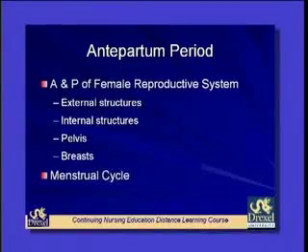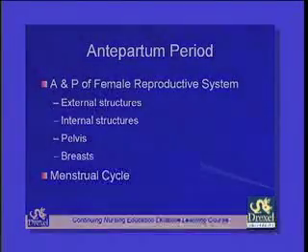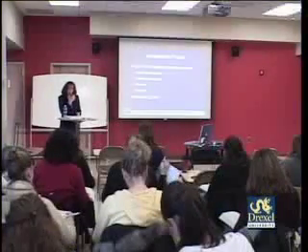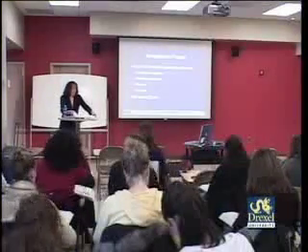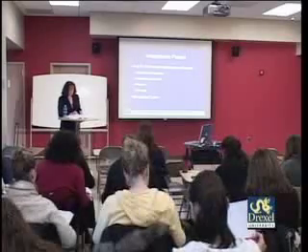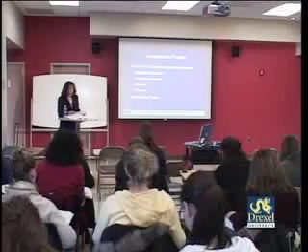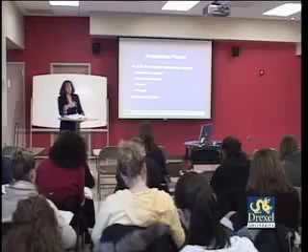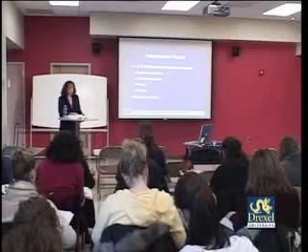The next thing in your book is the menstrual cycle. There are charts on page 539, and I just want to go through some of the information on these charts for you. The thing to remember about the menstrual cycle is that there are three types of systems involved. The first one is the system with the anterior pituitary hormones, FSH and LH, and how they relate to the cycle.